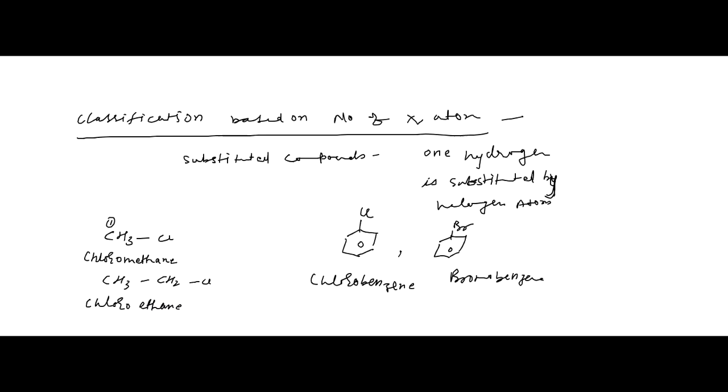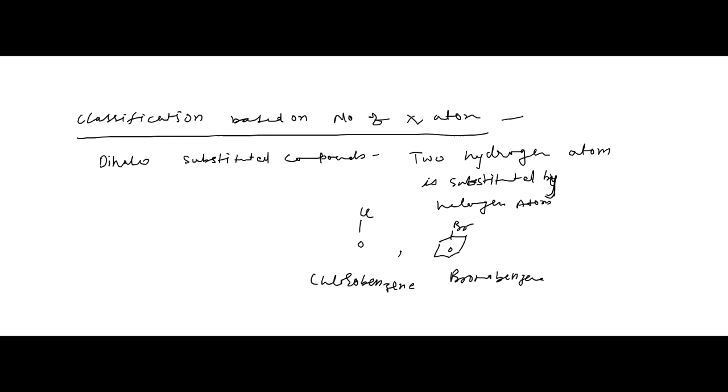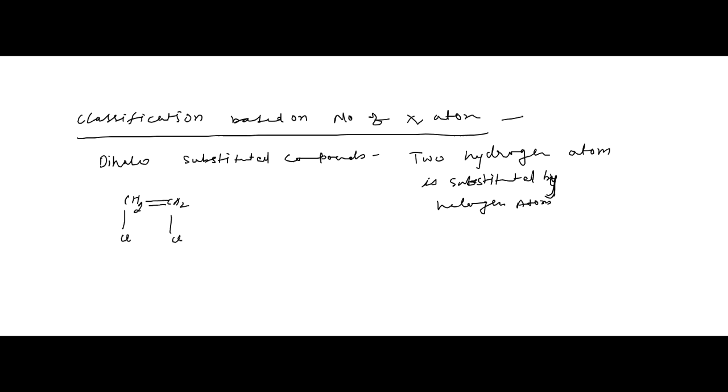Here at the place of 1, we can write 2. Two hydrogen atoms are substituted by halogen atoms. So the examples we are going to write here: CH2Cl, CH2Cl, then another CH2Cl and CH2Cl. Another thing we can write here is that three types will come.